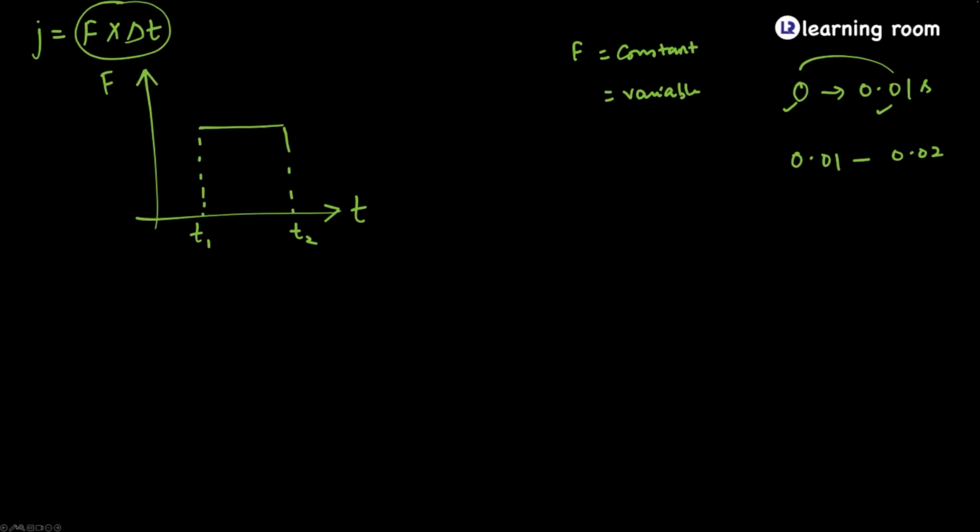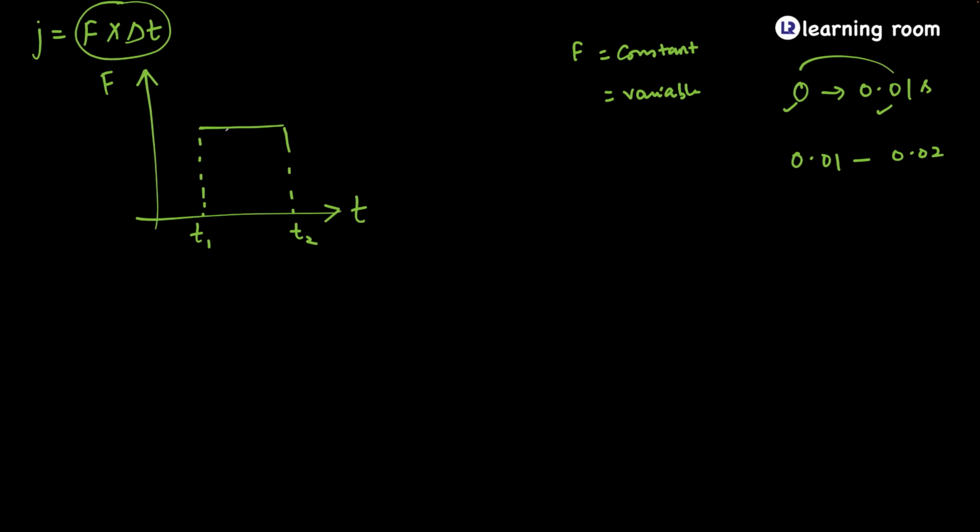So basically, in physics, if you have a physical quantity which is the product of the quantity on the y-axis and the quantity on the x-axis, then this quantity can be found by calculating the area under this graph.